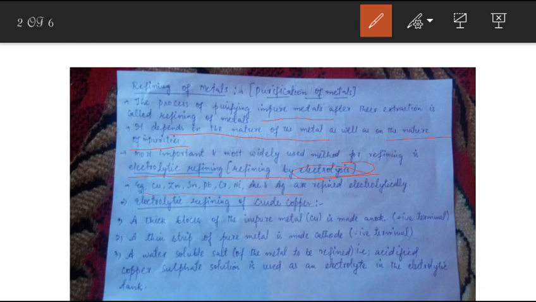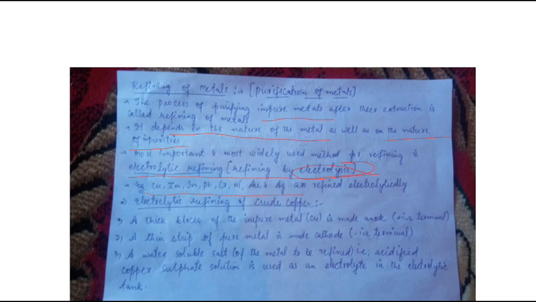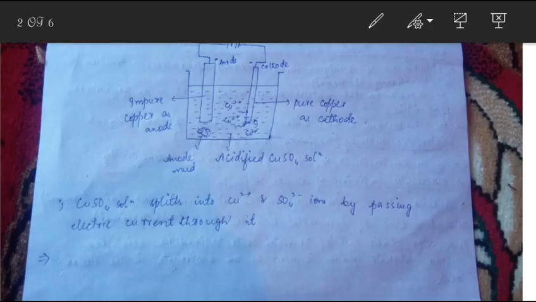Important metals which are refined electrolytically are copper, zinc, lead, tin, chromium, nickel, gold, and silver. For electrolytic refining we need an apparatus, which is shown here.